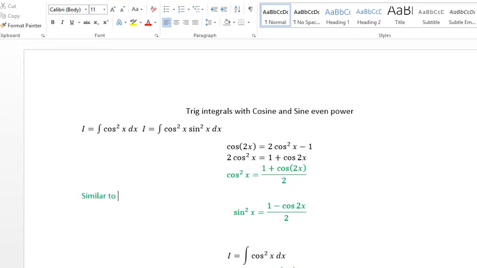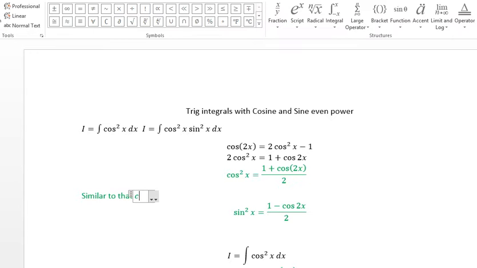If you do the same little trick, you isolate the 2 sine squared x: you take the cosine 2x over here and the 2 sine squared x to the other side.